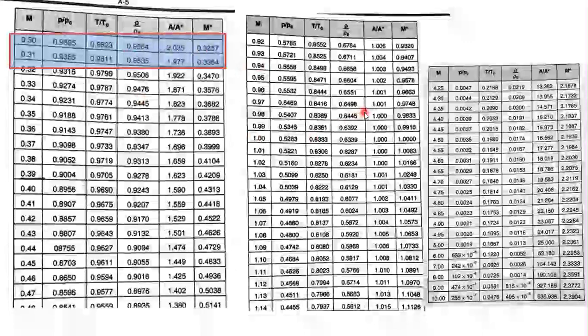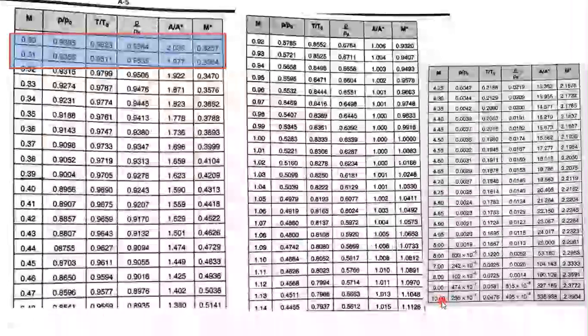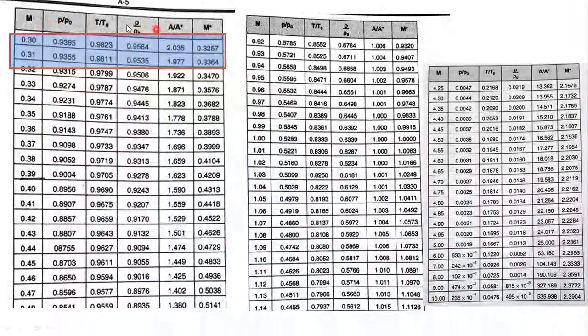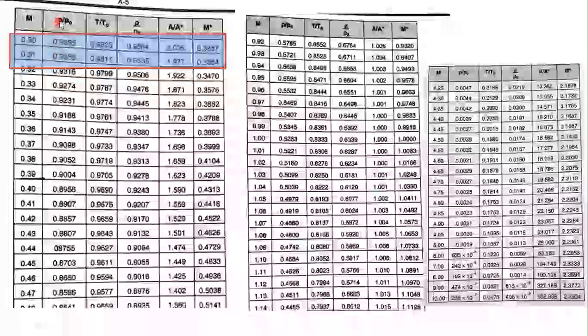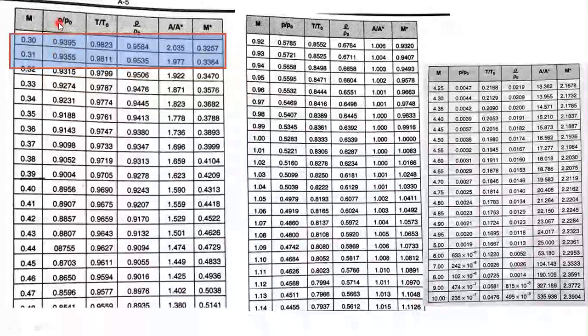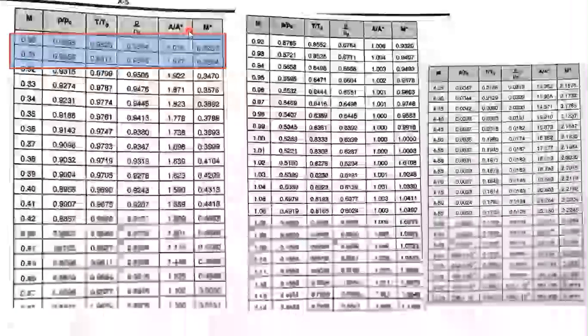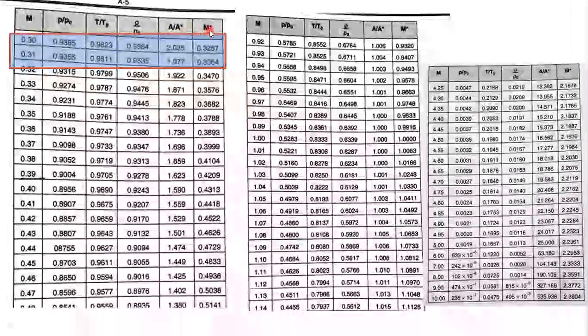Now this is the table for isentropic flow. Here in the first column you will see the Mach number, which varies from 0.3 up to 10. And you will see here the property ratios. For example, this is the static to stagnation pressure, this is the static to stagnation temperature, this is for density, this is for area to critical area, and this is for the critical Mach number.